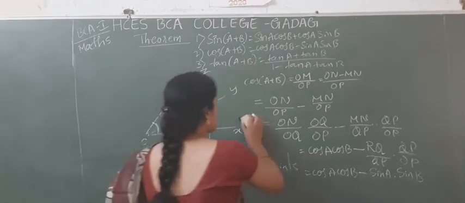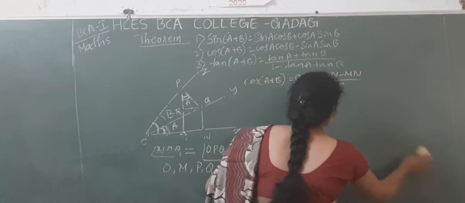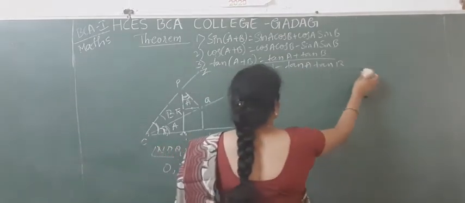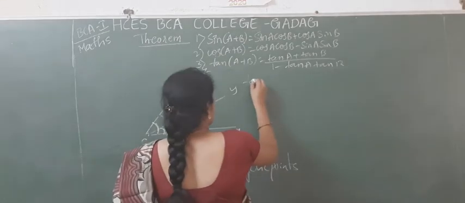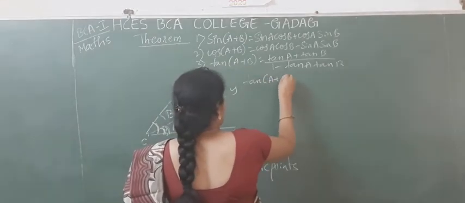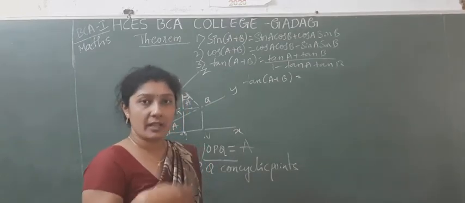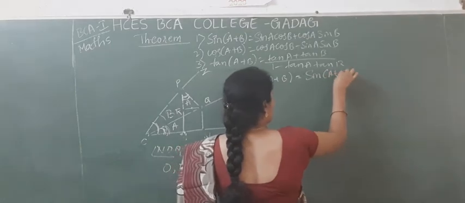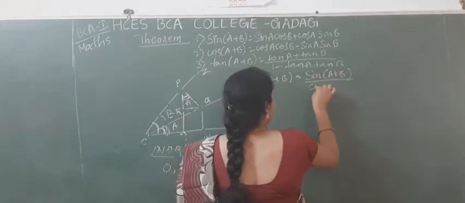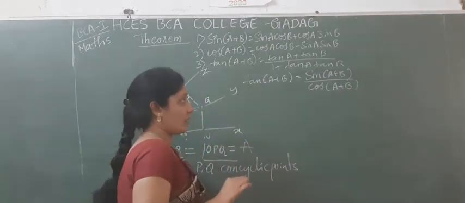Let us do this. So now, tan A plus B. What is tan in terms of sin and cos? Sin by cos it is. So let me write it as sin A plus B divided by cos A plus B. Okay.